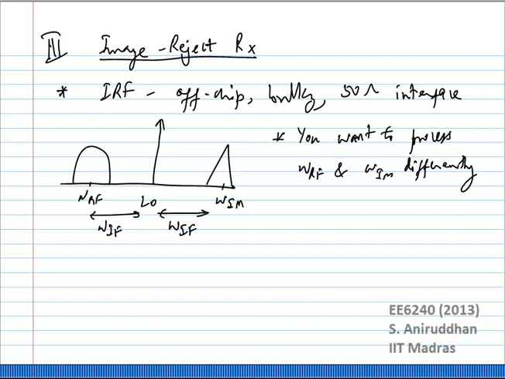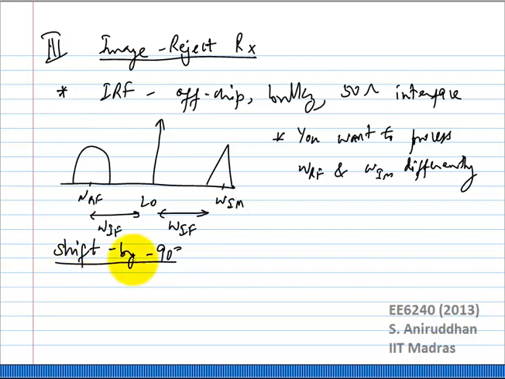Now before we look at what kind of circuit does this, let us look at the kinds of circuits that can actually give you a shift by 90 operation. Let us say I want a circuit which does a shifting by 90 degrees. So I have a desired signal, I want to shift it by 90 degrees.